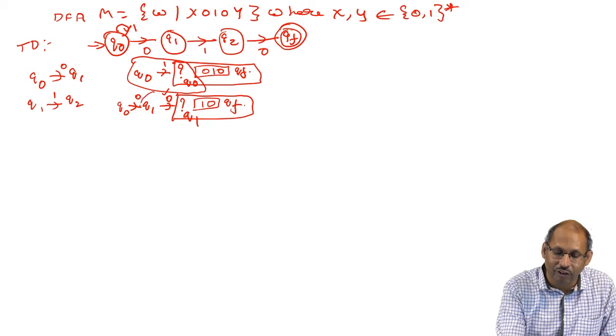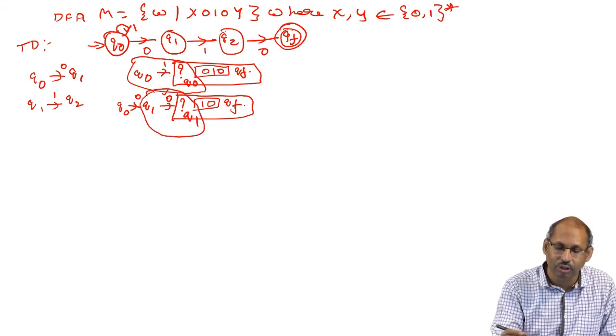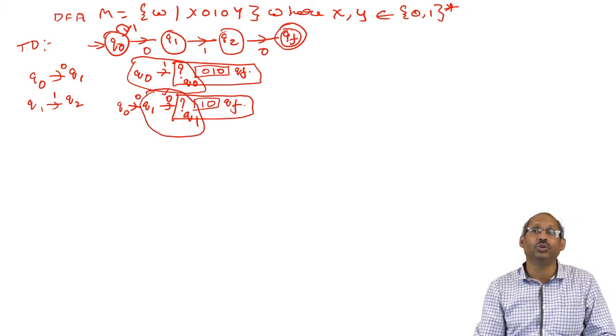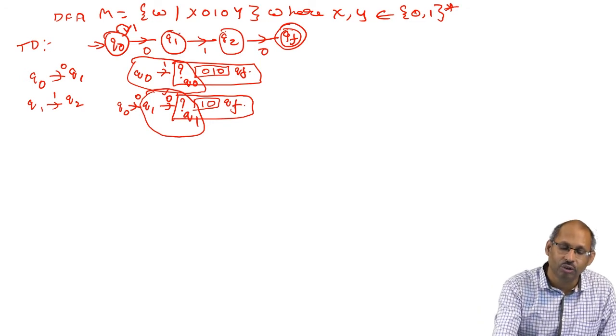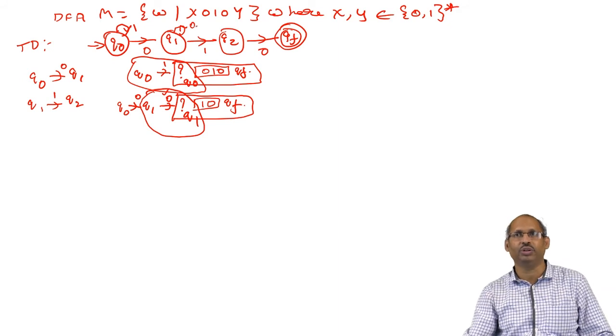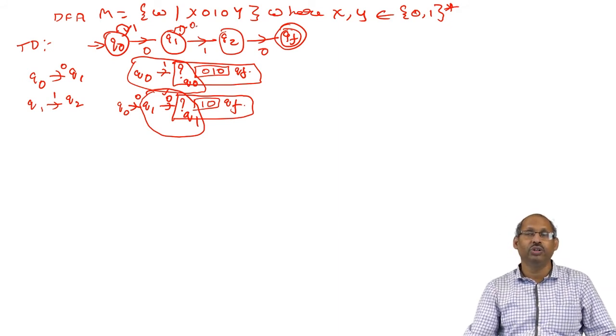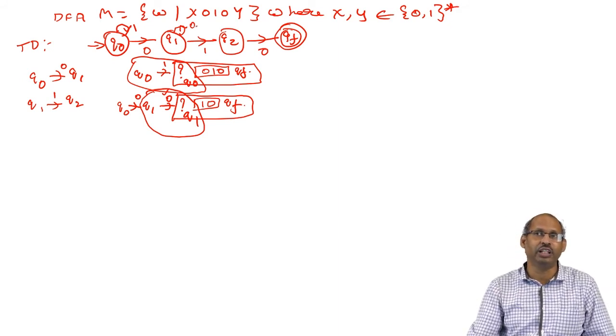So what does this imply? Q1 on 0 goes to Q1 only. Right? So our second transition, Q1 on 0, we have found.